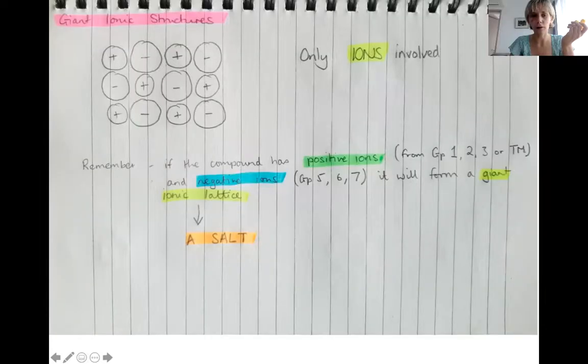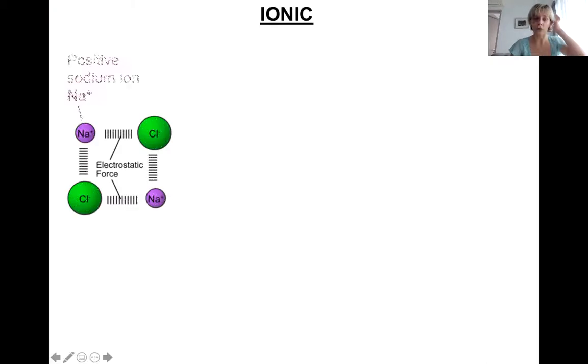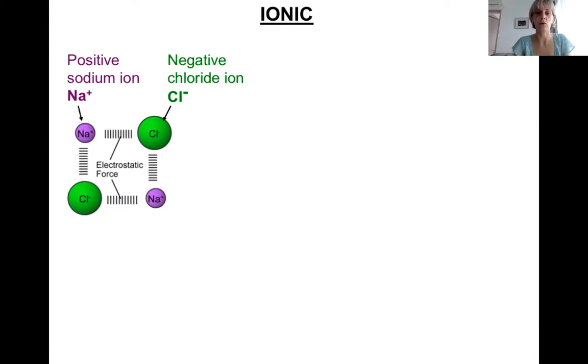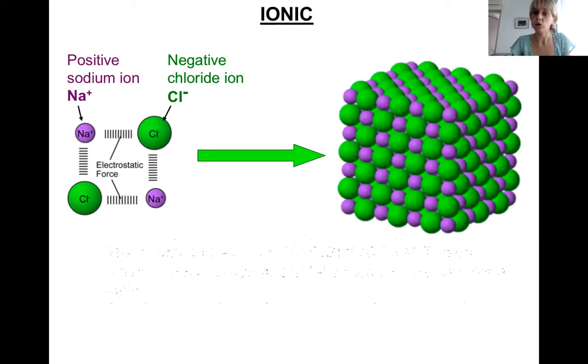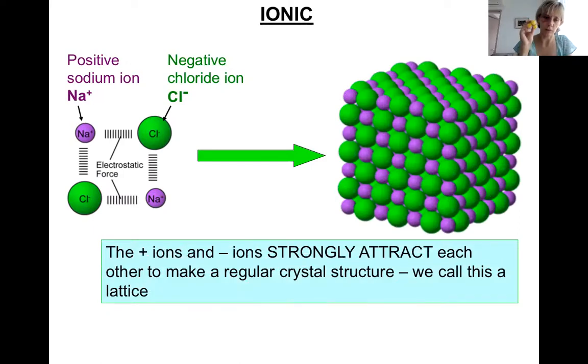Now it's hard to see that in the 2D diagram, because obviously you can't see in front and behind, but we can show it in diagrams. So you could show the positive sodium, the negative chloride like this, or you could show it as a 3D structure, which is a bit more like this one here.